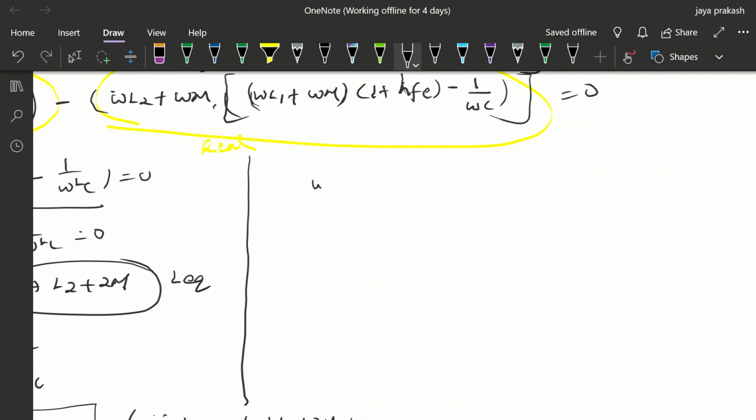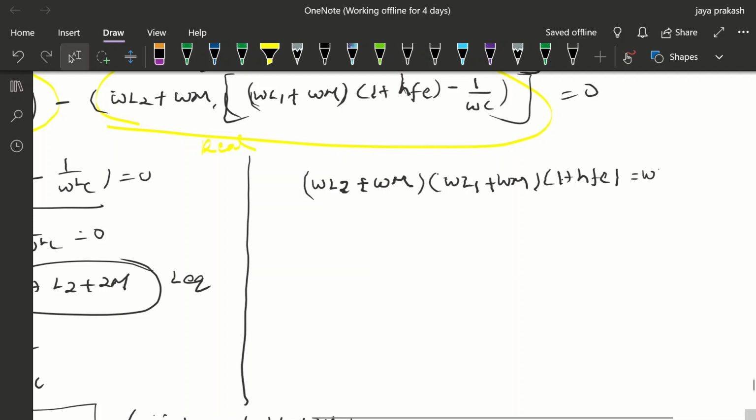First we can divide omega L2 plus omega m into omega L1 plus omega m into 1 plus HFE is equal to omega L2 plus omega m into 1 upon omega c.